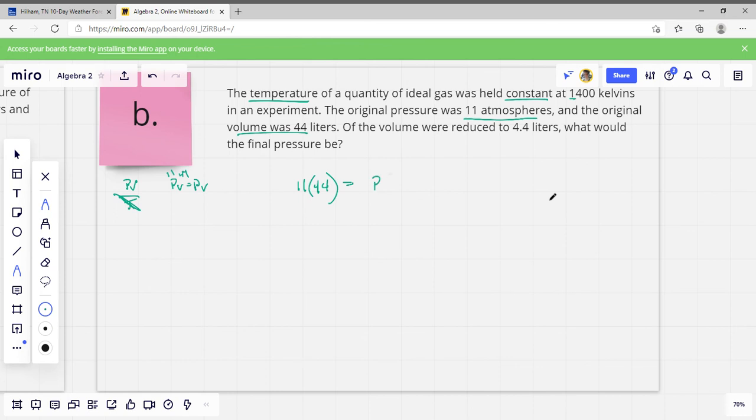4.4. Okay, so now we have to solve this. So 11 times 44, that's 484 equals 4.4P. So we divide by 4.4.